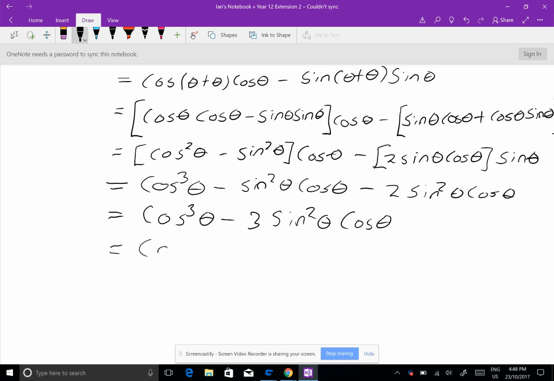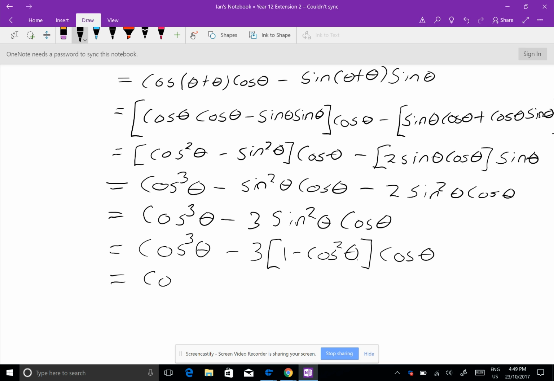Watch what happens if I go cos cubed theta minus 3, and I've got 1 minus cos squared theta times cos theta.